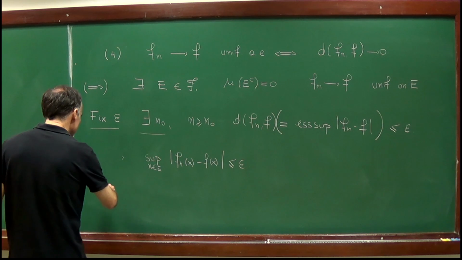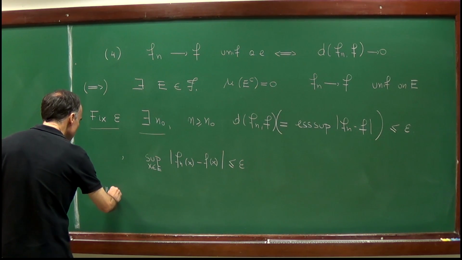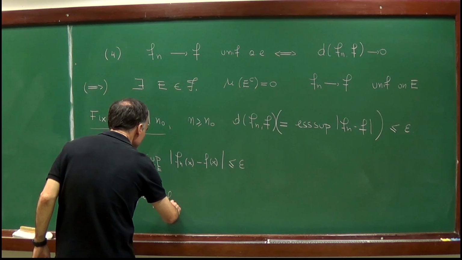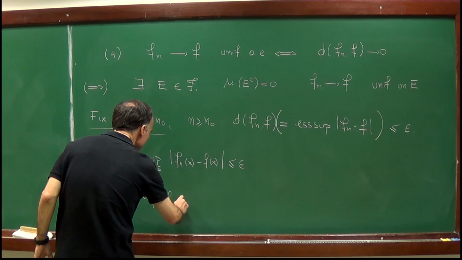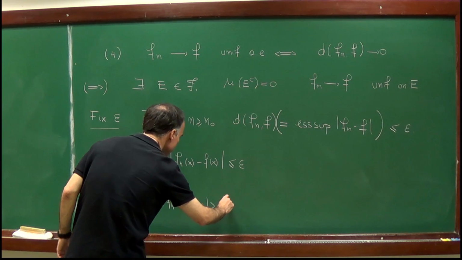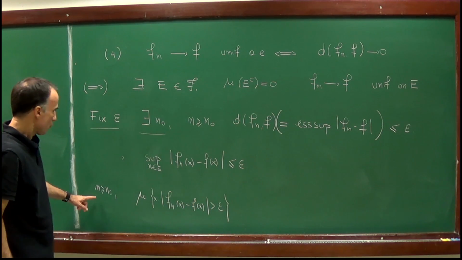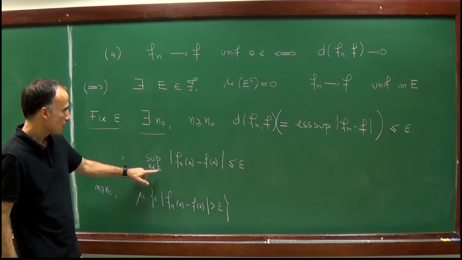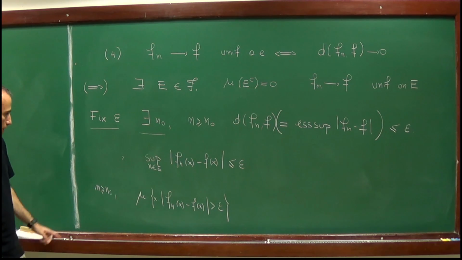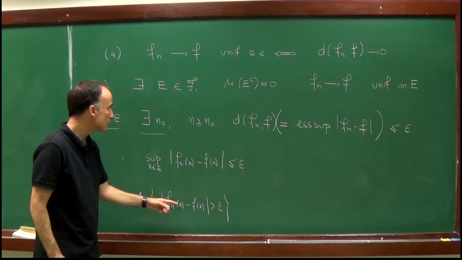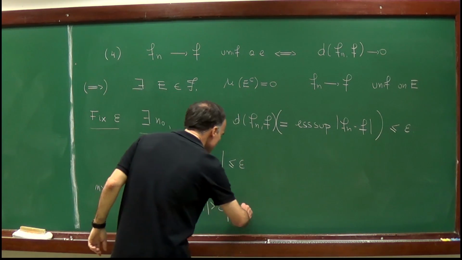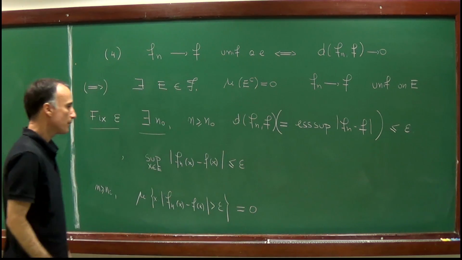But now, if I take such n larger than n0, and I want to estimate the measure of the points x such that |f_n(x) - f(x)| is larger than epsilon, well, on the set E, |f_n(x) - f(x)| is less than or equal to epsilon. Therefore, this set is contained in E complement, and E complement has measure 0. So this set has measure 0.